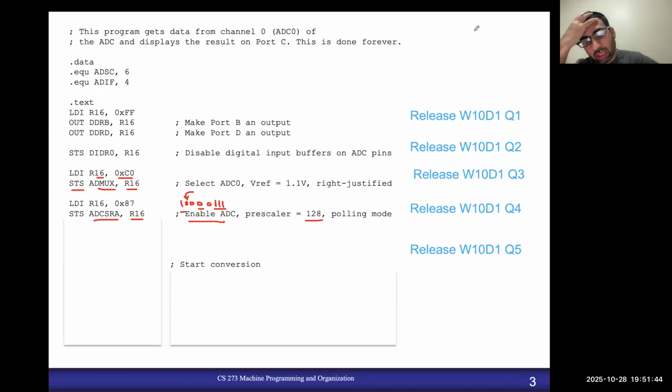You need to set only the bit at index 6 in the ADCSRA register to 1. Keep all other bits as they are. Don't touch them. But you cannot use IO instructions like SBI.